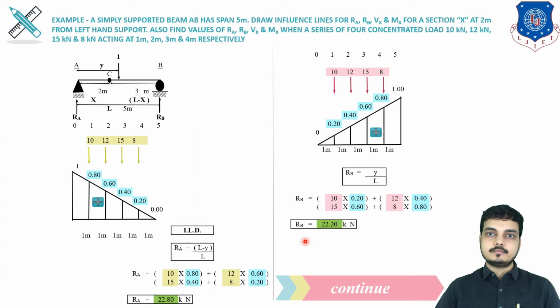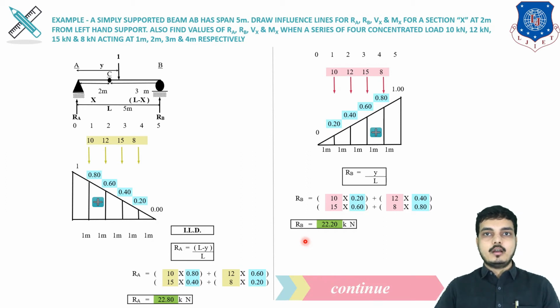for RB. So what we did, we have drawn ILD for RA with the help of formula L minus Y upon L, and then applied 4 concentrated loads at respective distances and multiplied those 4 concentrated loads with respective ordinates to get that particular RA value. Similarly we did for RB.